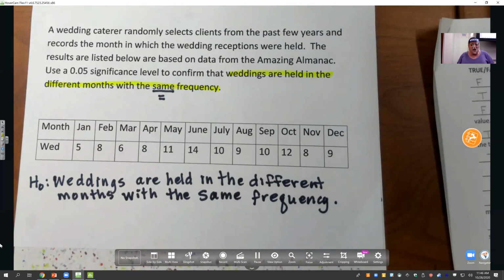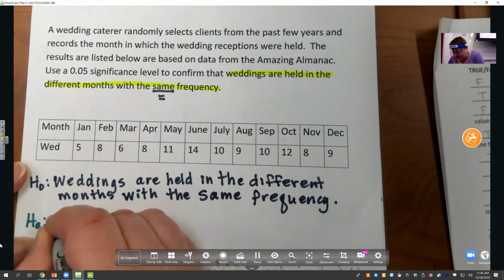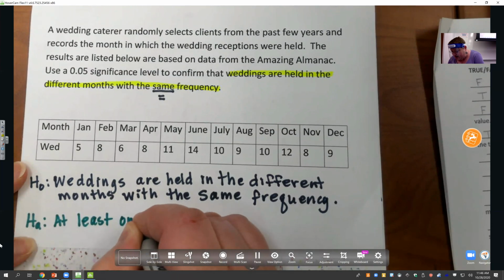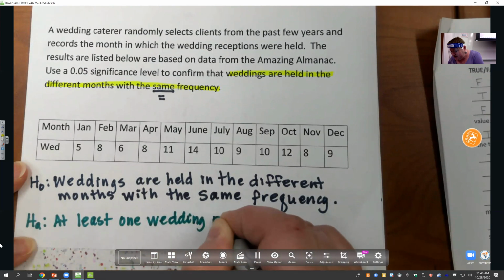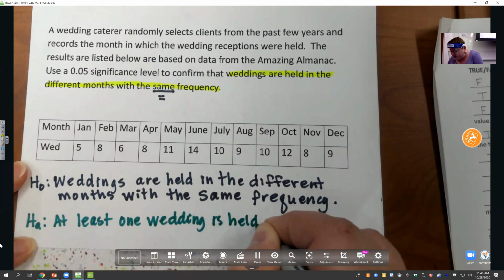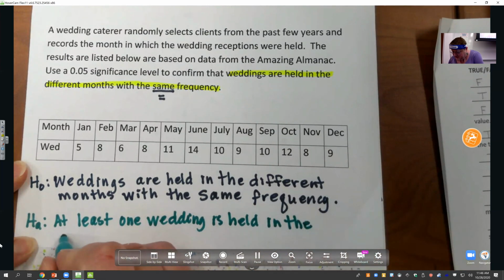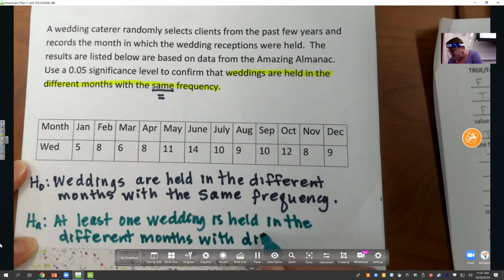Now, the alternative then, we would add the phrase, at least one wedding is held in the different months with different frequency.